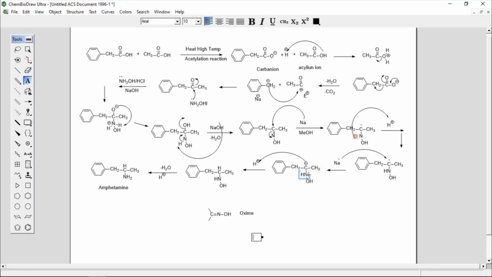This is your carbanion, carbon having 8 valence electrons, while the radical has 7 valence electrons. This carbanion takes a hydrogen proton from the solvent and converts to CH. Then the next step is simply the loss of a water molecule, breaking of this NOH bond, and you will get your amphetamine.